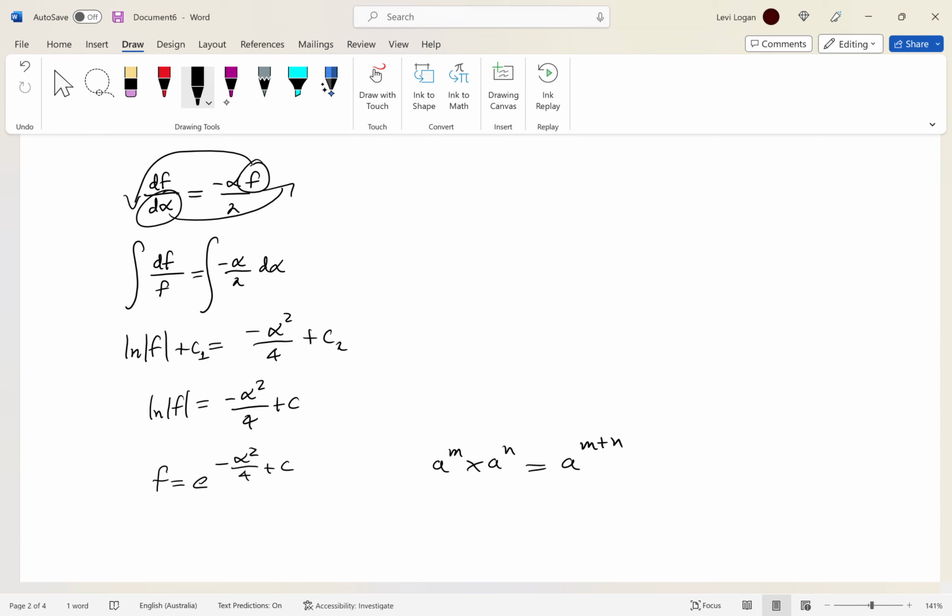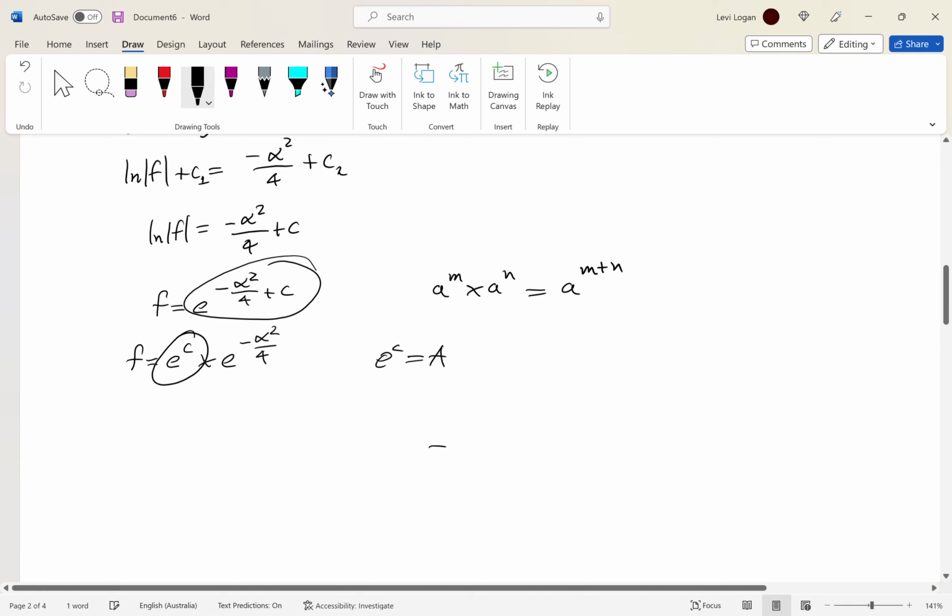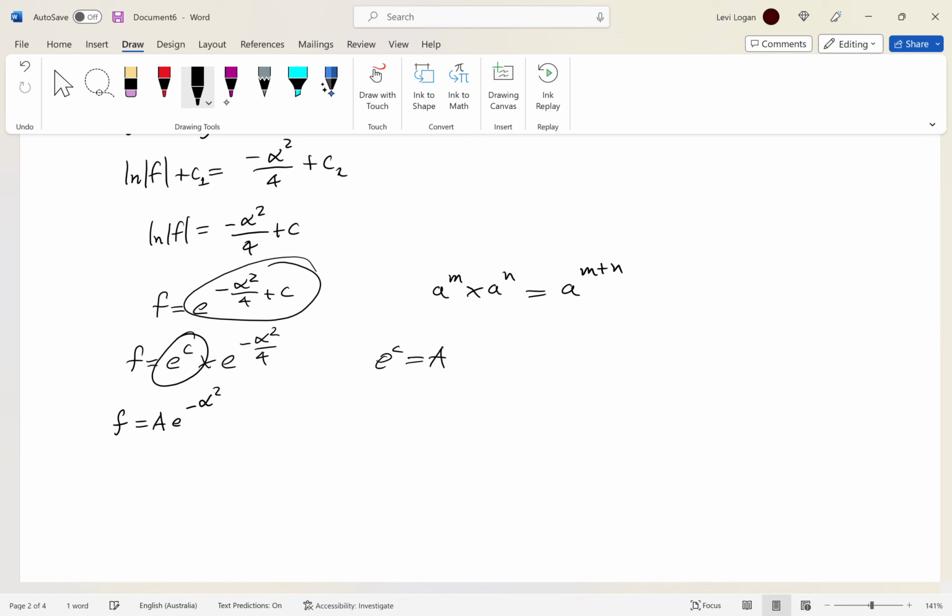It's the same with this. So we can rewrite this whole thing as f is equal to e to the c multiplied by e to the negative alpha squared over 4. We can say this e to the c is just some constant a. So we can rewrite this as f is equal to a e to the negative alpha squared over 4.